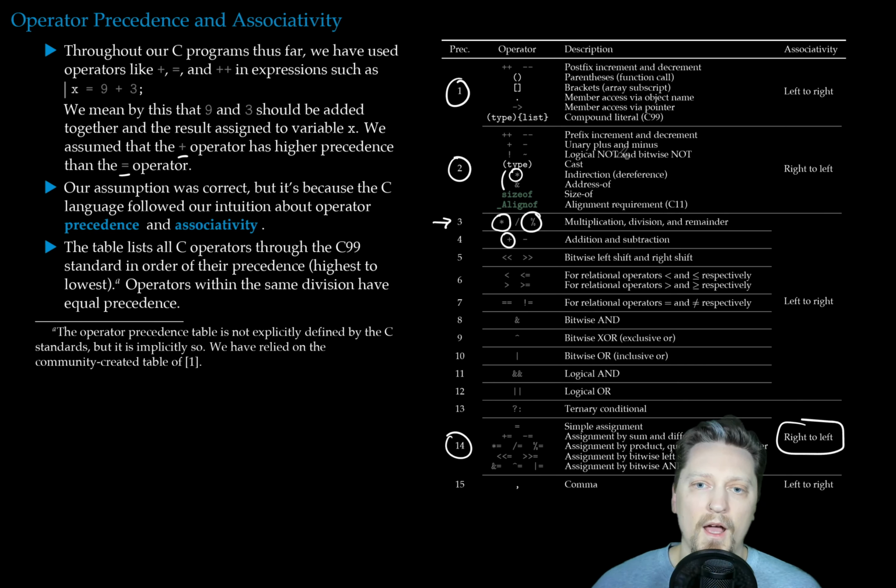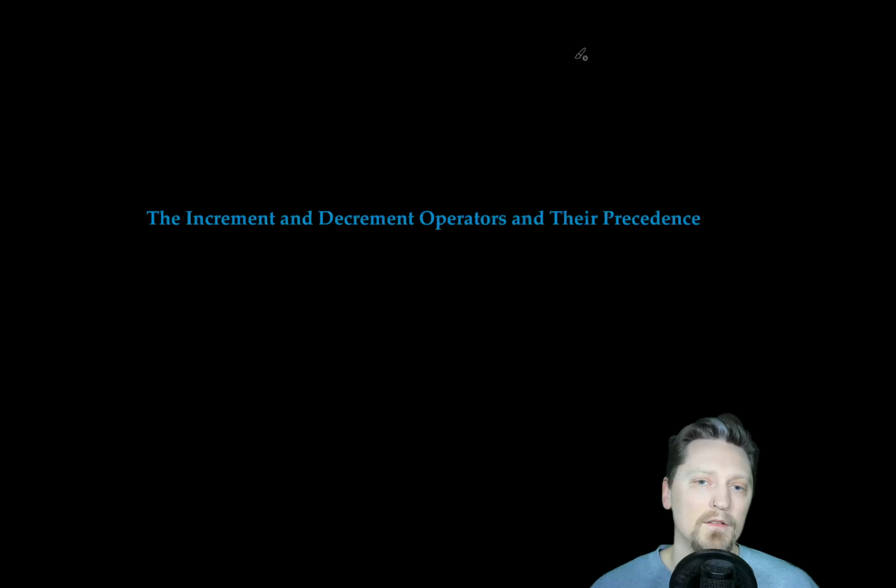So pretty high. The postfix increment and decrement, however, is higher. It's precedence 1. So we should get that happening first, although remember when it's postfix, the value gets used first, right?